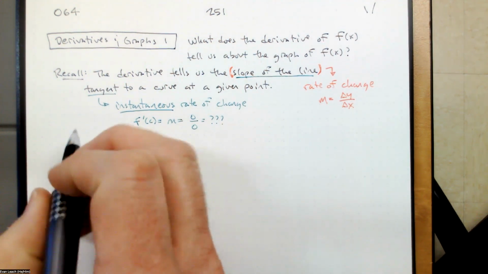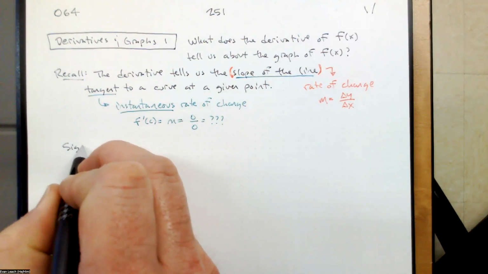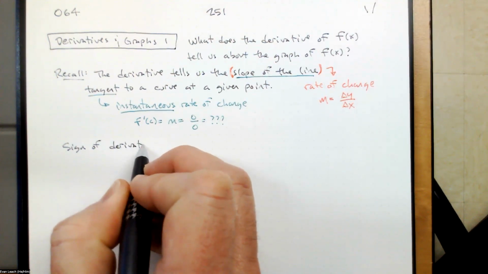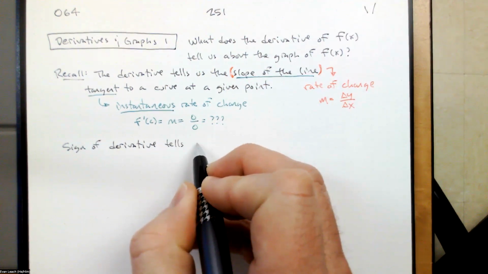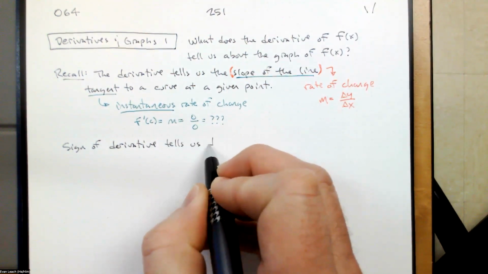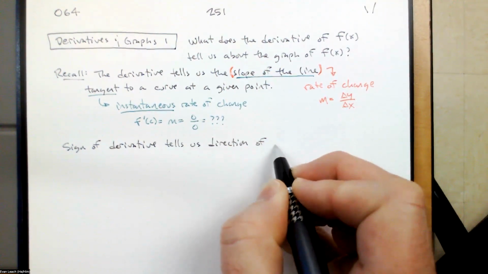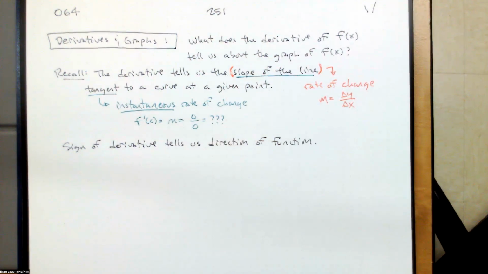Specifically, let's just say it: the sign of the derivative tells us the direction of the function.